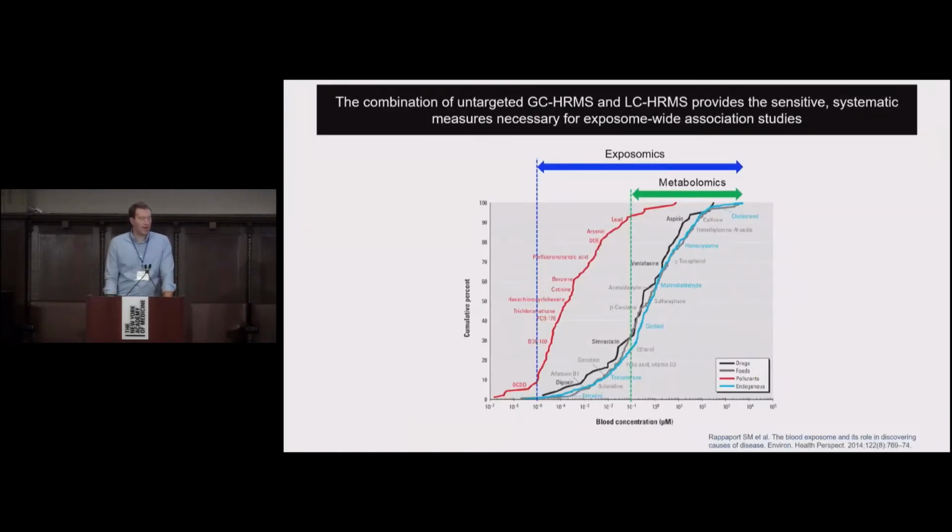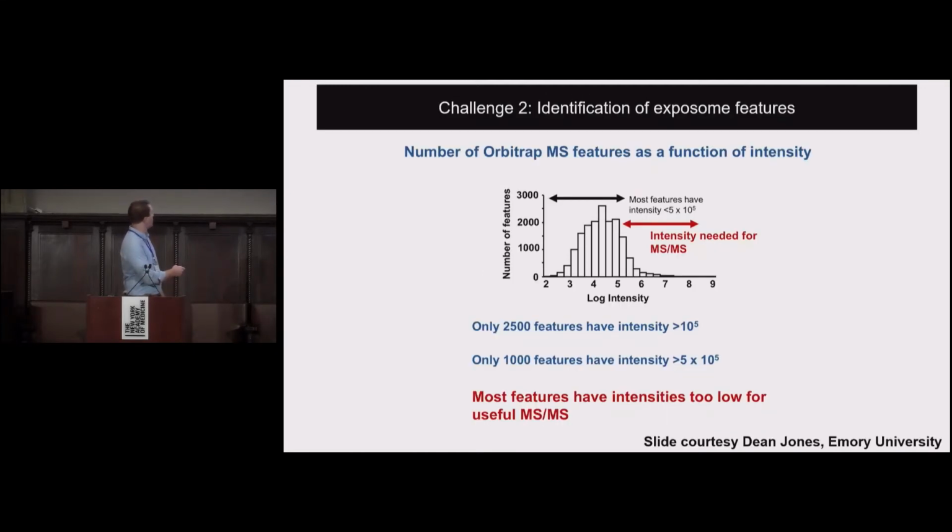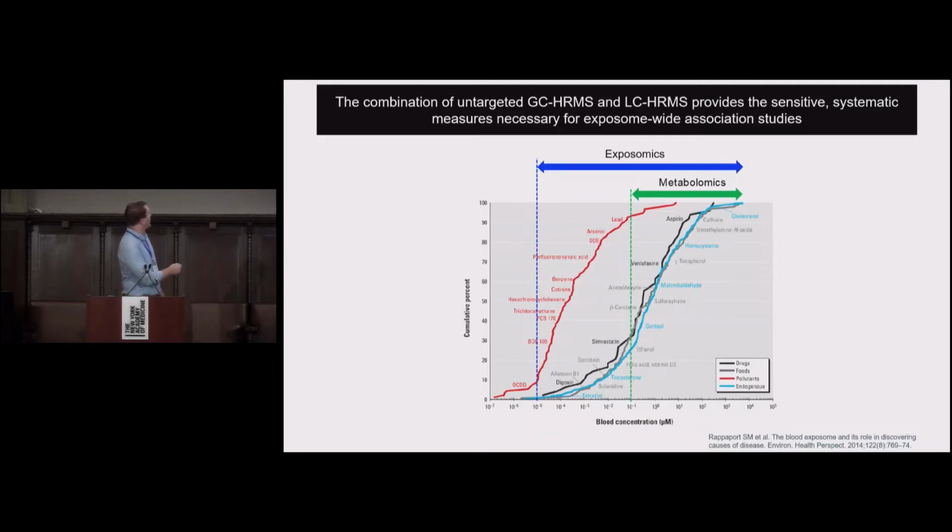But it's really this combination and our ability to apply both untargeted GC and LC capabilities that allows us to provide systematic measures necessary for performing exposome-wide association studies. So many of our studies are now combining both LC and GC platforms, and we found that the combination of them gives us the sensitivity to measure many of these low-level environmental pollutants, which would be over here, but at the same time have the capabilities to screen and also detect many of the endogenous metabolites as well as drug and dietary metabolites.